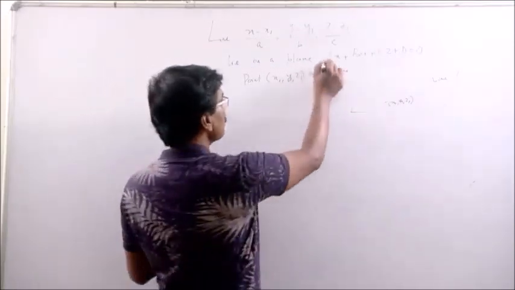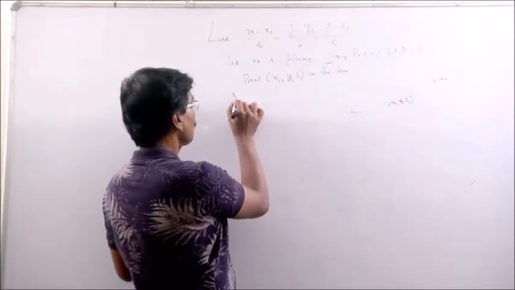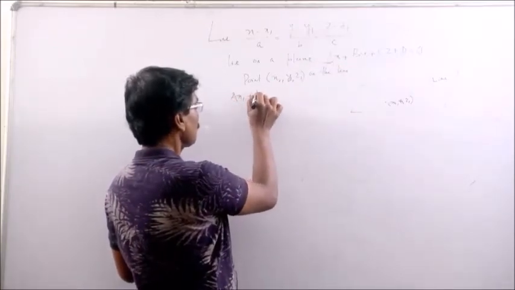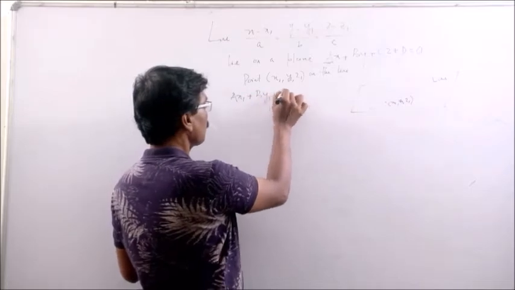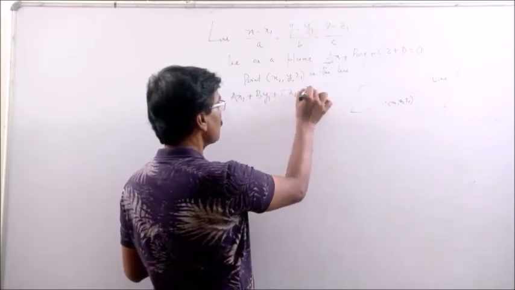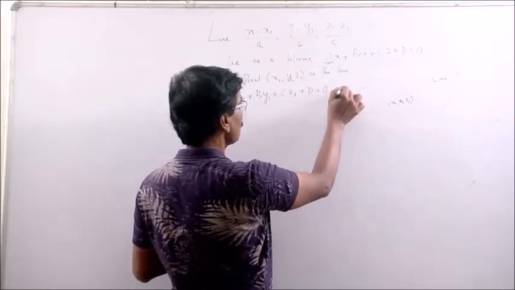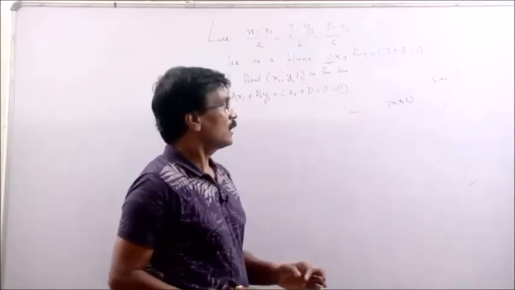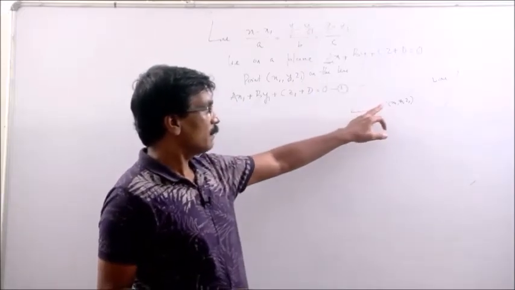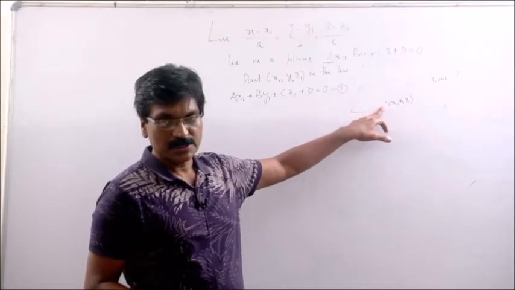So it satisfies the equation of the plane. So the condition is a x1 + b y1 + c z1 + d = 0. So this is the first condition, but it is not the only condition.